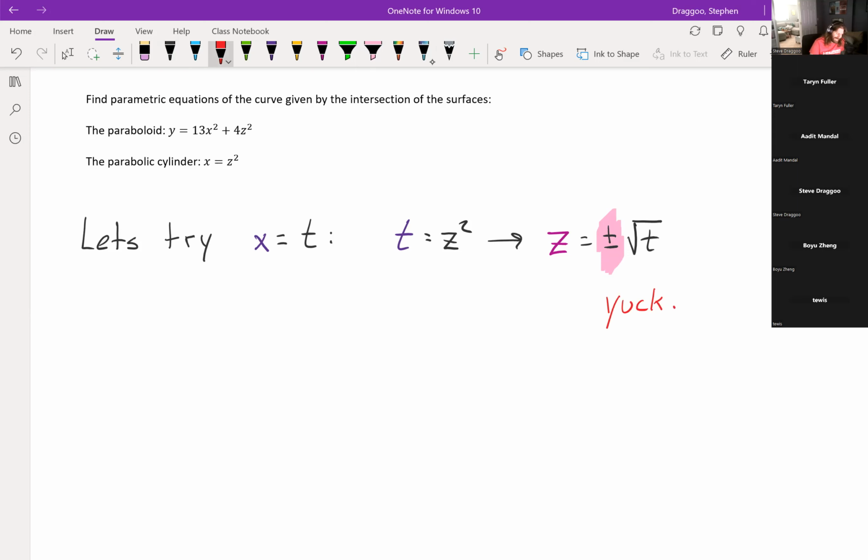I'd rather not have a plus or minus show up in my parameterization because I'm hoping to be able to just have one equation for each of my three variables. In the very first step, I got here that I'm going to need two equations in order to describe z. So that's not great. I think that this parameterization didn't work out so good.